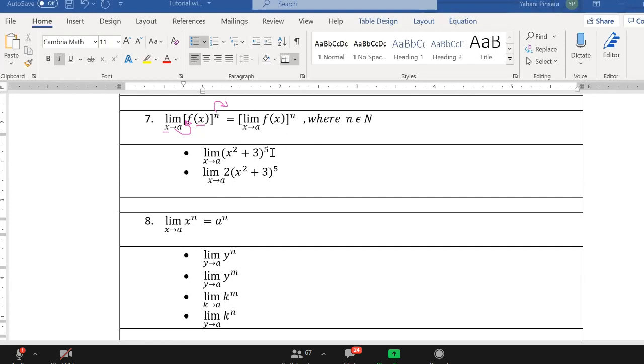Then what is the answer for this? So try to answer these two questions. I think you can answer these two questions properly. I'll explain one, then you have to proceed with the next one.